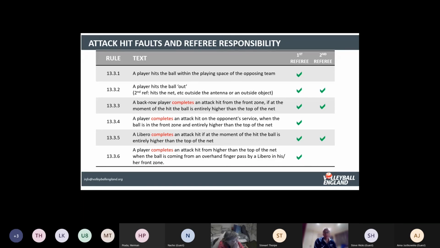And remembering, as the second referee, you are standing on the floor, you are not always in the best place to see whether the ball is higher or it is merely in line with the top of the net. So just because the ball is higher than the player doesn't automatically mean that it's higher than the top of the net.